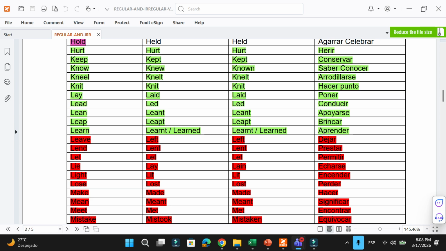The idea here is to know that both exist, and you can choose one at first to memorize. Let's say that learned is easier to remember than learnt, and you choose one.